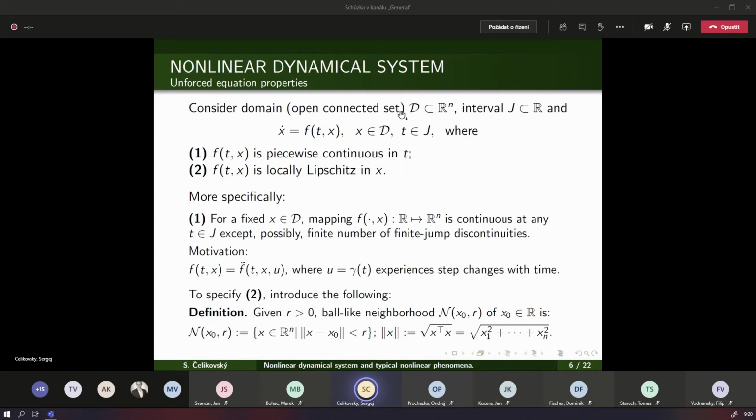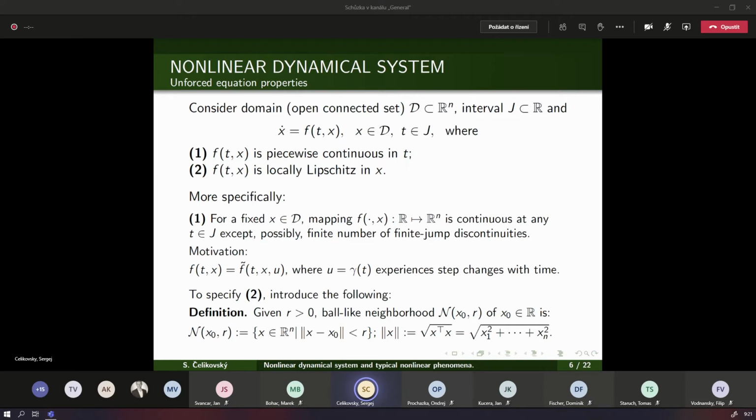A domain is an open connected set by definition, which is a subset of the whole state space R^n, and then we will consider some interval J, a subset of real numbers, which will stand for some time range where we are studying the systems, and this calligraphic D stands for some range of states which is reasonable for us.